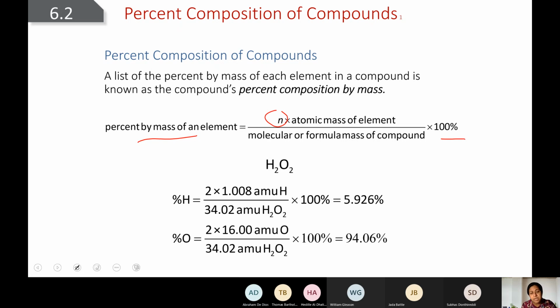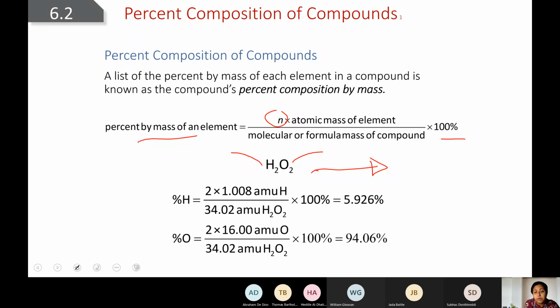As an example, let's calculate the mass percentage for hydrogen and oxygen in hydrogen peroxide. When you look at the molecular formula of hydrogen peroxide, how many hydrogens are in 1 mole of hydrogen peroxide?